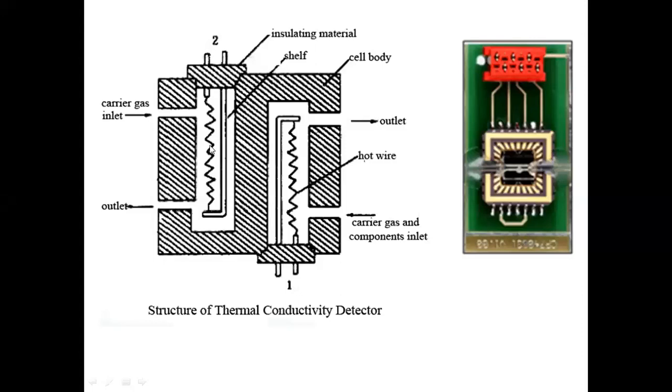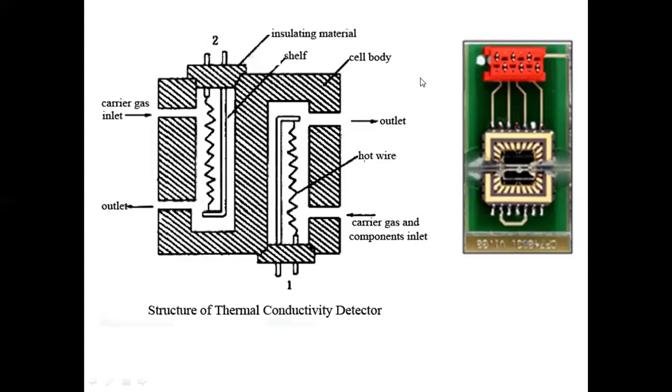This thermal conductivity detector functions based on the principle that a hot body loses heat at a rate which depends on the thermal conductivity of the carrier gas and the solute. That's it. Because the carrier gas you will be using is going to enter the thermal conductivity detector, or hot body. So the hot body is going to lose some amount of heat energy.